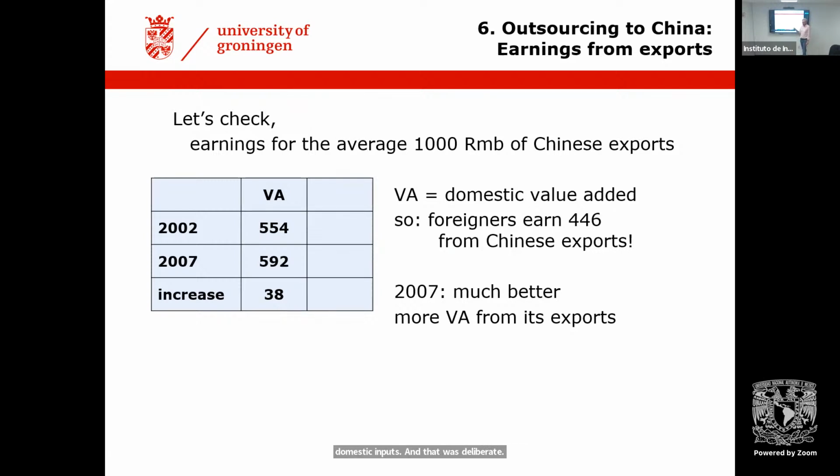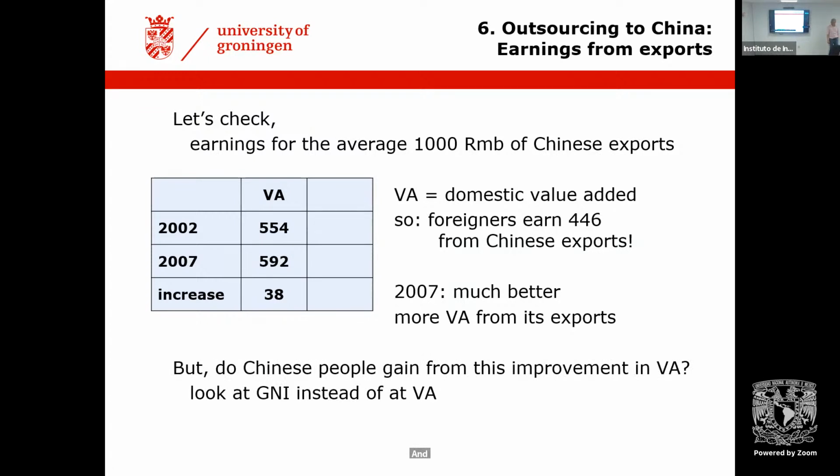But we also saw that a lot of this was financed by American firms and European firms, implying that a lot of these gains went back to the US and back to Europe. So the question is, yes, China earns more in terms of GDP, but how much remains in the country? And that turned out to be relatively less.